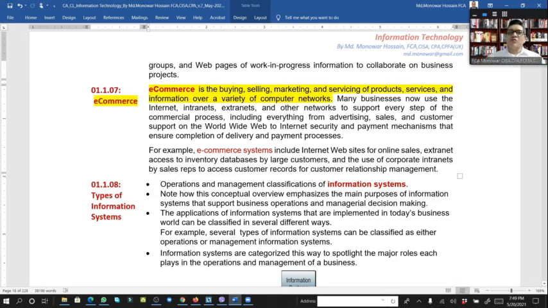Many businesses now use the internet, intranet, extranet, and other networks to support every step of the commercial process, including everything from advertising, sales, and customer support on the World Wide Web, to internet security and payment mechanisms that ensure delivery and payment processes.